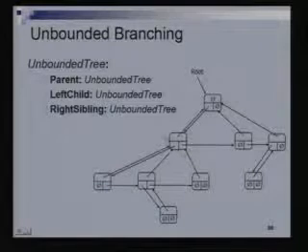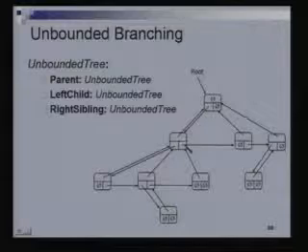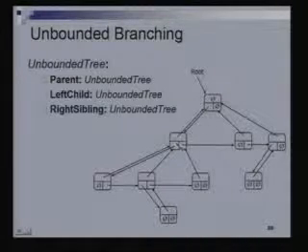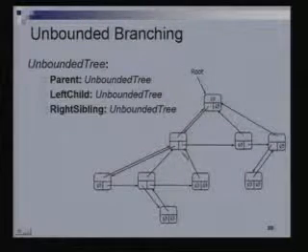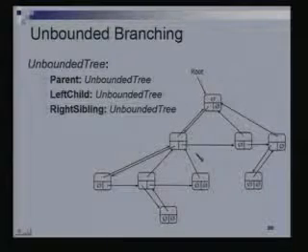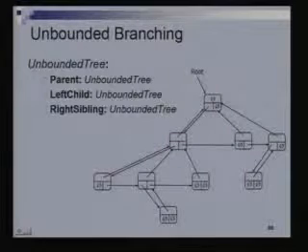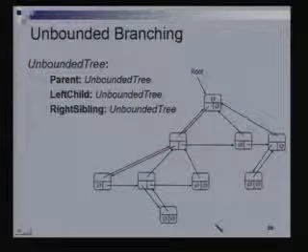Right? So every node now still has only 3 members, 3 data members, right? Parent, or 3 references. One for the parent, one for the leftmost child, and one for the sibling, for the right sibling. Right? So this would refer to only its leftmost child, not to all the children, because we do not know how many there are.